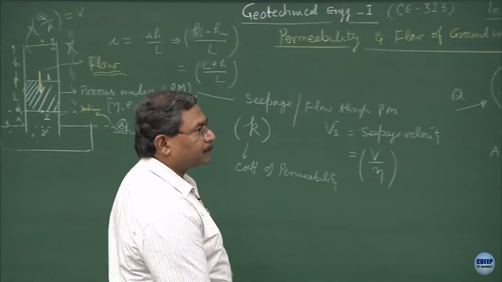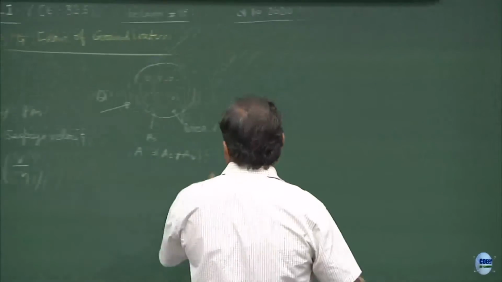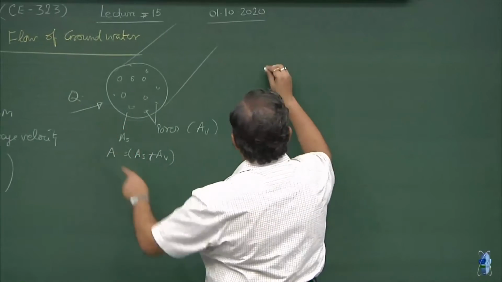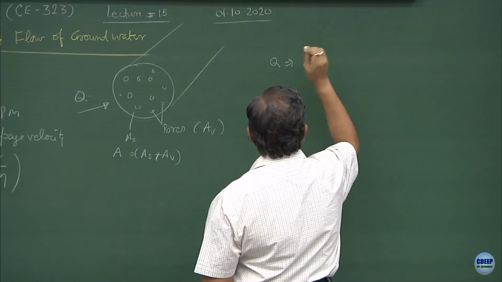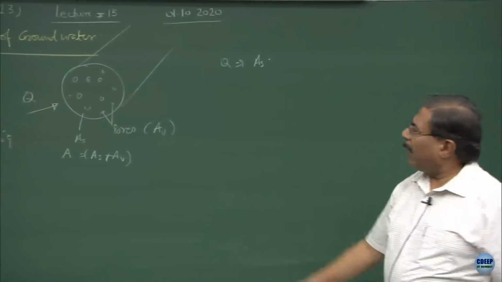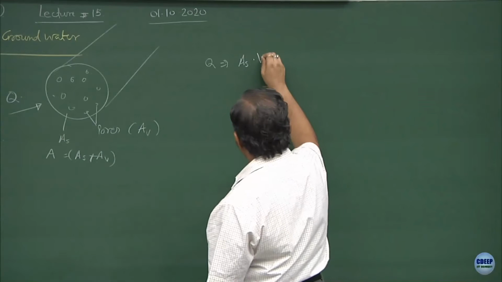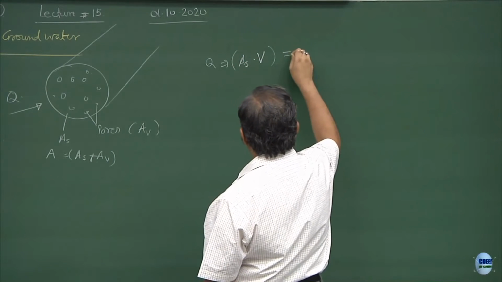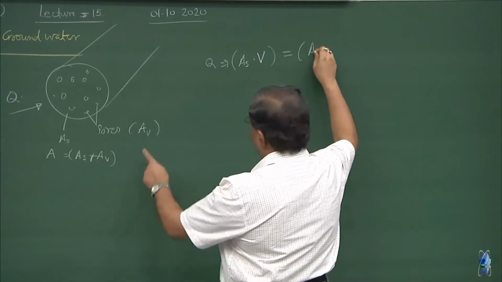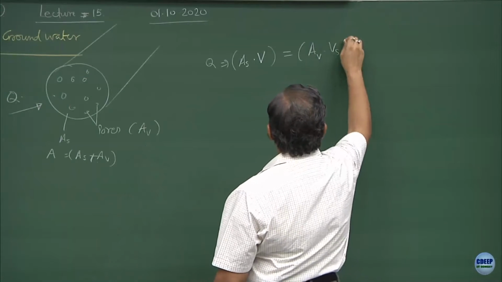Is this okay? So, if I say that Q is equal to A multiplied by V, is this okay? And this will be equal to the area of pores multiplied by the seepage velocity.